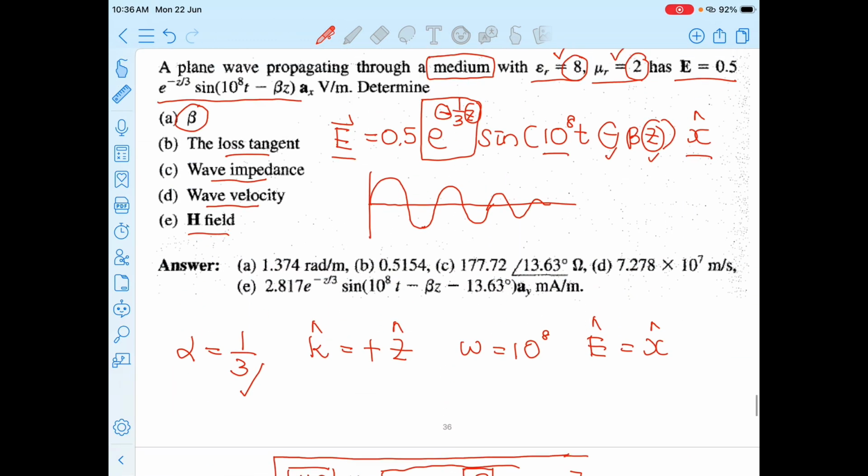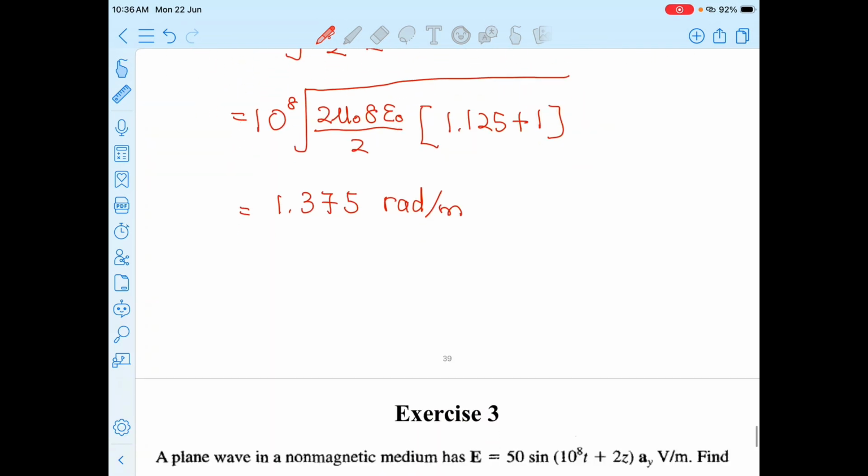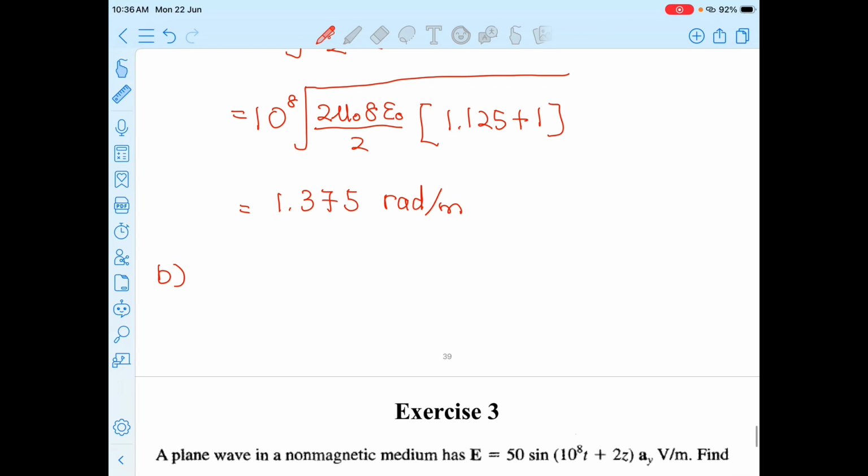We go for the second one, the loss tangent. Remember what is loss tangent? We talked about this loss tangent in our previous exercise, when the question gives us the information of the intrinsic impedance. The loss tangent is equal to sigma over omega epsilon.